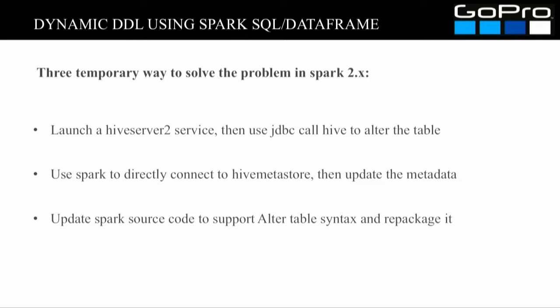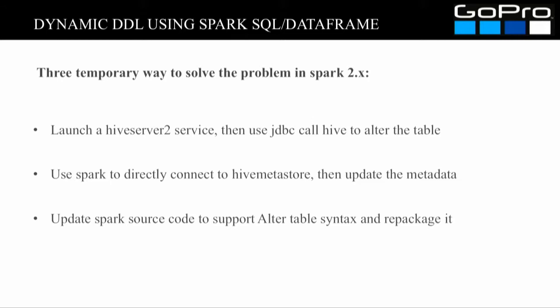The third way is you can update the Spark source code. If you take a look at their source code, you can find they commented out this syntax support. You can uncomment that, make some API changes there, and repackage your code. You will be able to support this feature.